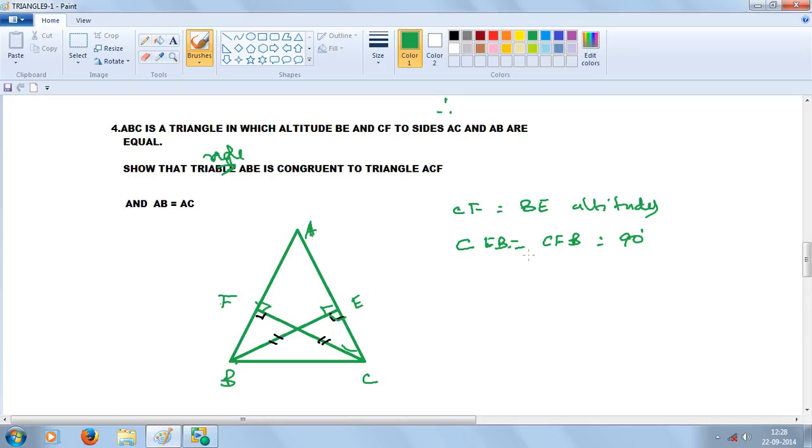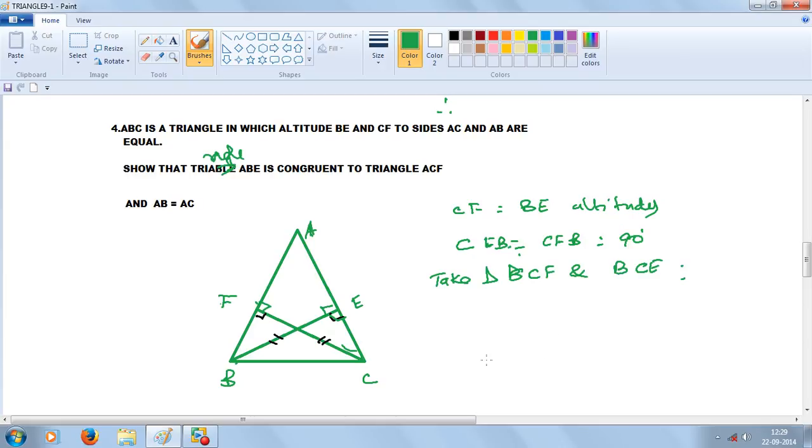So we will take these two triangles. Now take triangle BCF and BCE.